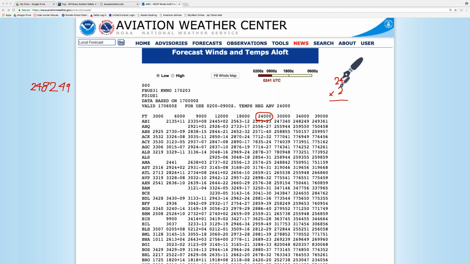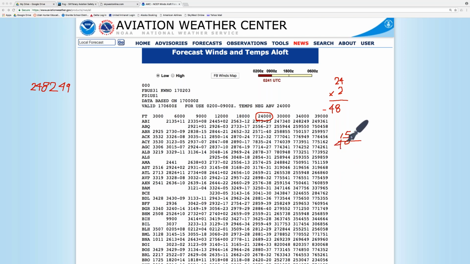Okay. So we took 24. Since we lose 2 degrees per 1,000 feet, we multiplied it by 2. That gives us 48. Since we're going up, it's getting colder, right? So 15 degrees Celsius is our standard at sea level.